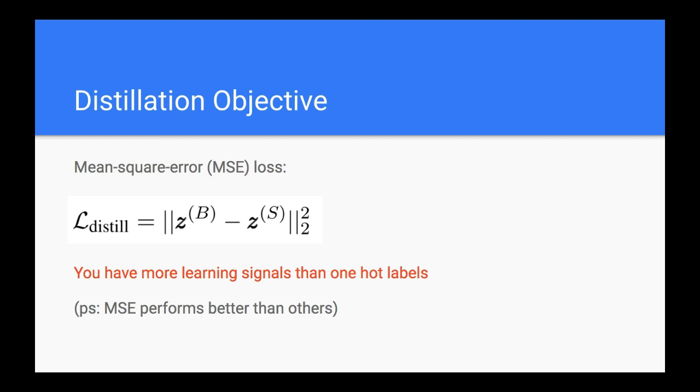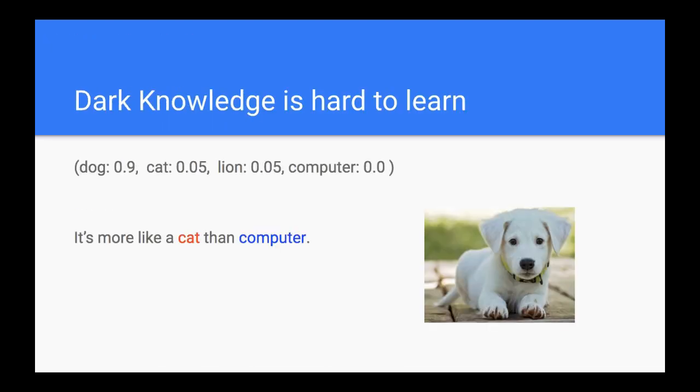And why is doing this good? Another interpretation is that we can have more learning signals. Because in the hard classification problem, we only say, oh, this is a cat, and that's all. But if we learn from the logits of a teacher, we can see, whoa, this is a cat, or this is a dog, but it also looks like a cat.